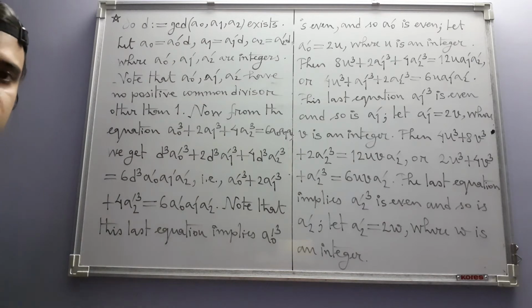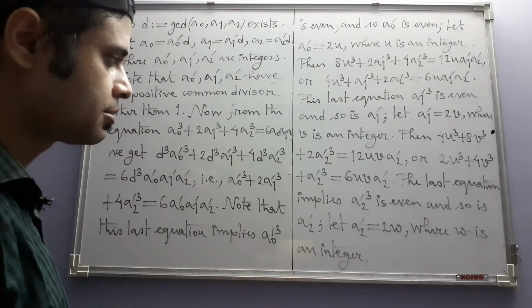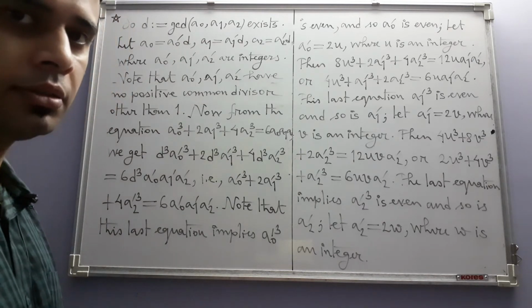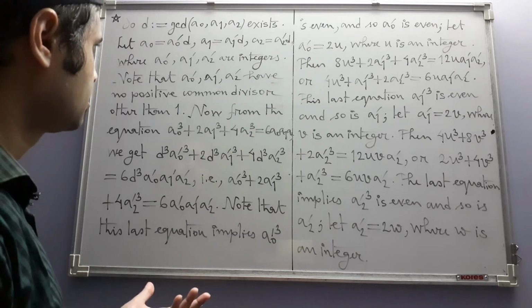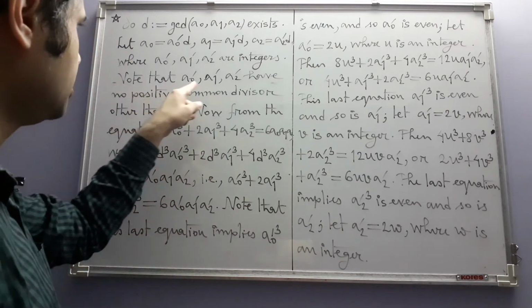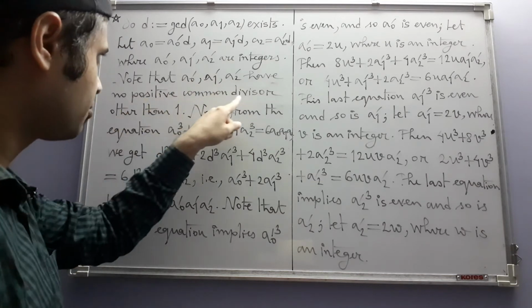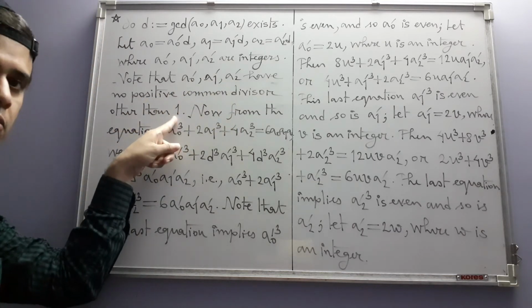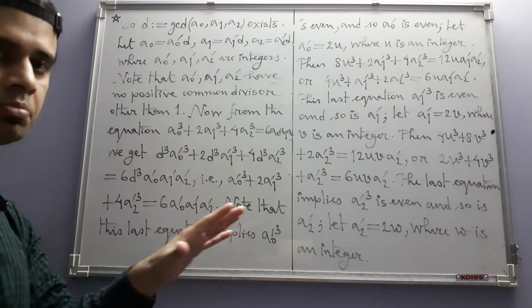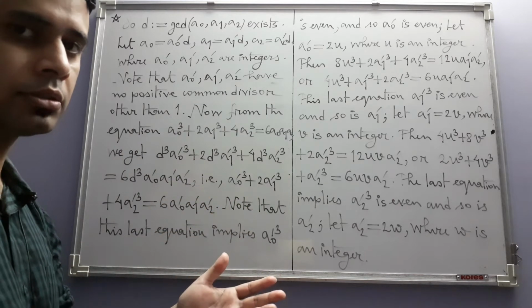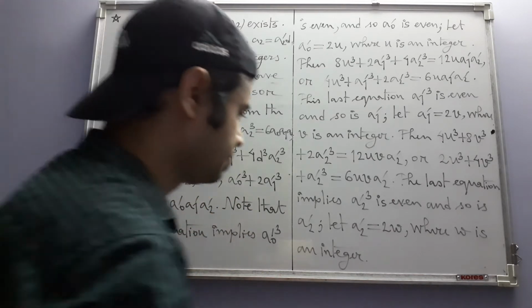All of them are even. So that means all of them are divisible by 2. However, here we have this fact that they have no positive common divisor other than 1. However, we have got the positive common divisor 2.